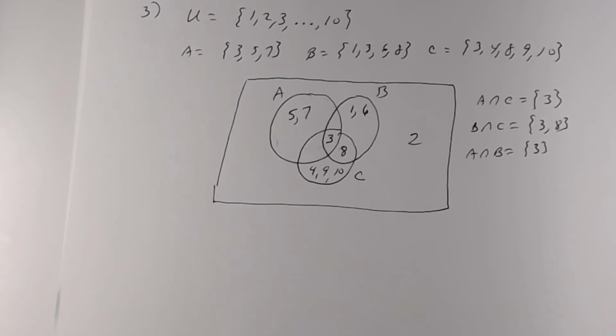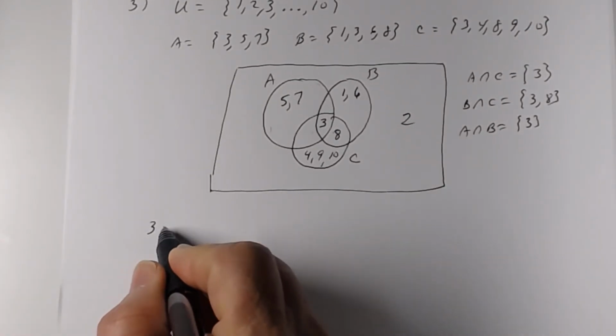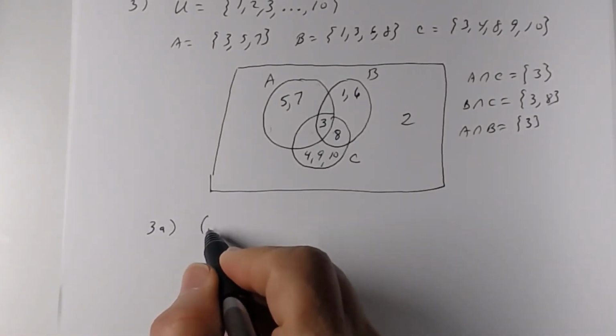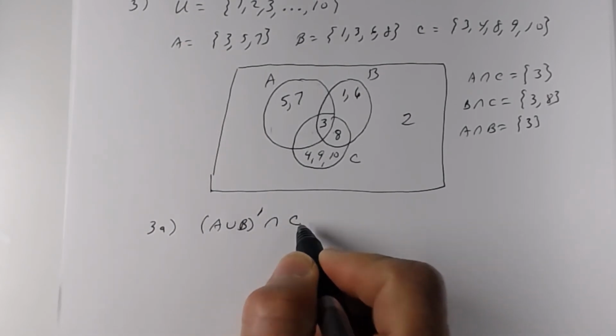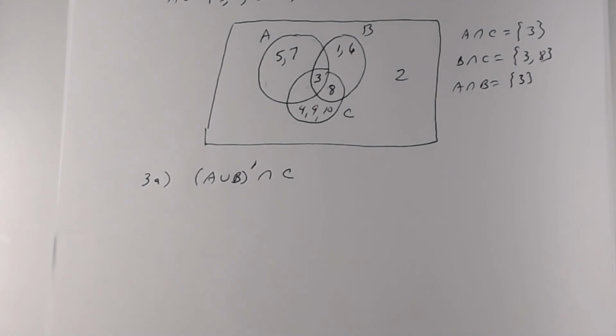Now let's look at part A. So the first thing you wanted to do is construct a Venn diagram. Now let's look at 3A. In 3A, you want to find (A union B) complement intersect C. First of all, what do we have to find?